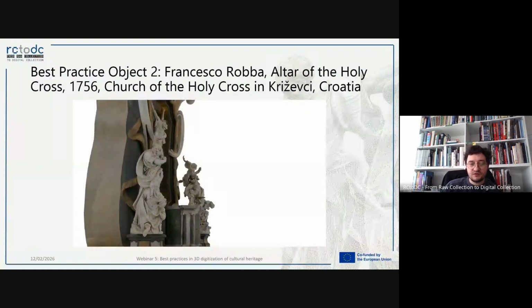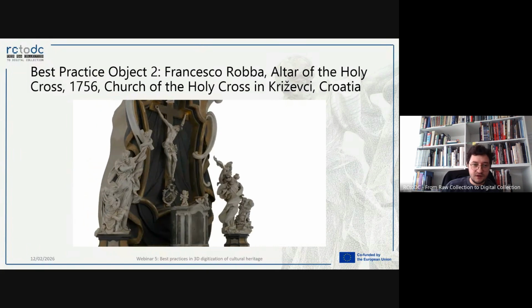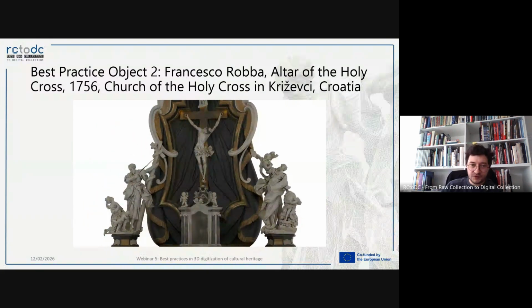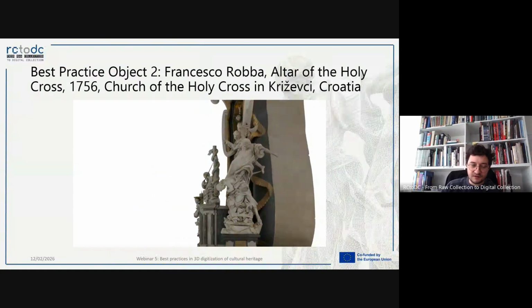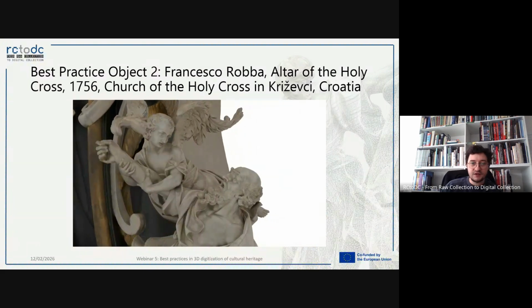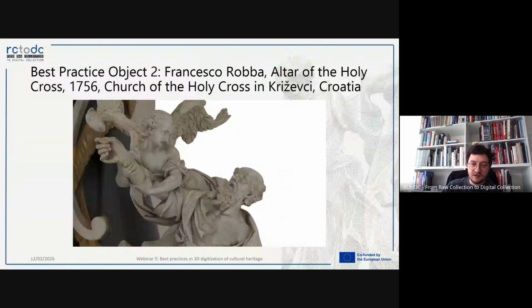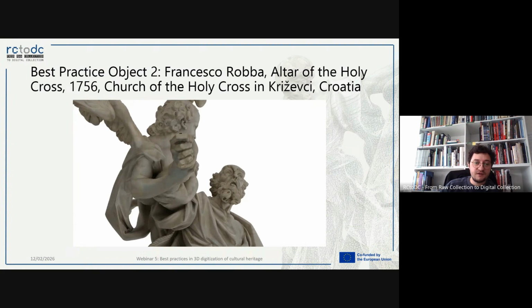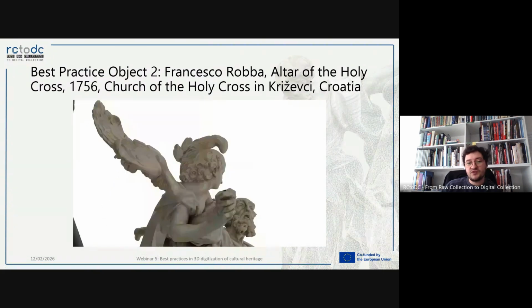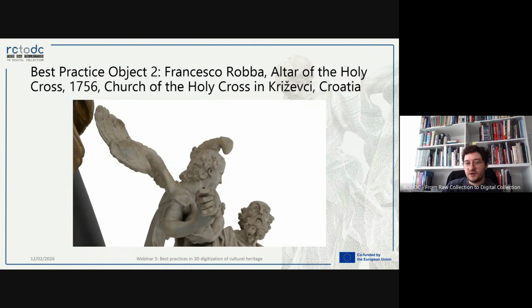Research-grade digitization places strong emphasis on metric accuracy, traceability of methods, and documentation of uncertainty, that is, clearly recording the possible measurement errors and limitations of the digitization process, ensuring that the digital model can be trusted for analytical and comparative purposes.